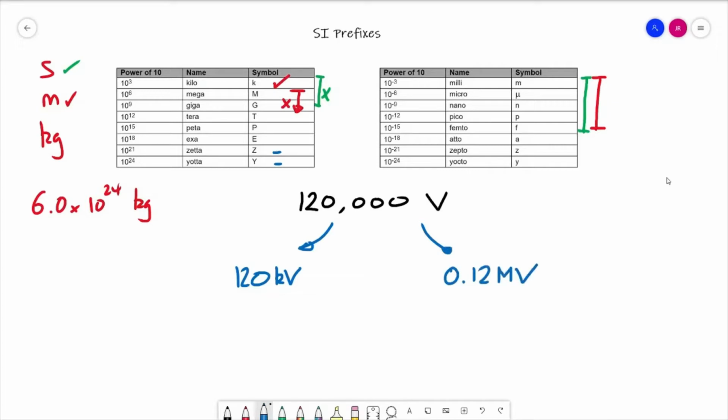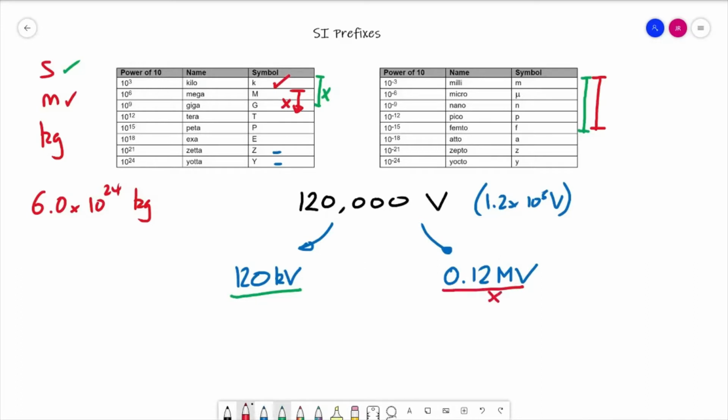Now, both of those values say exactly the same thing. They will both give you 120,000, or obviously, if we're going to do that in standard form, that's 1.2 times 10 to the 5 volts. The one that would be standard practice is the 120 kilovolts rather than the 0.12 megavolts.